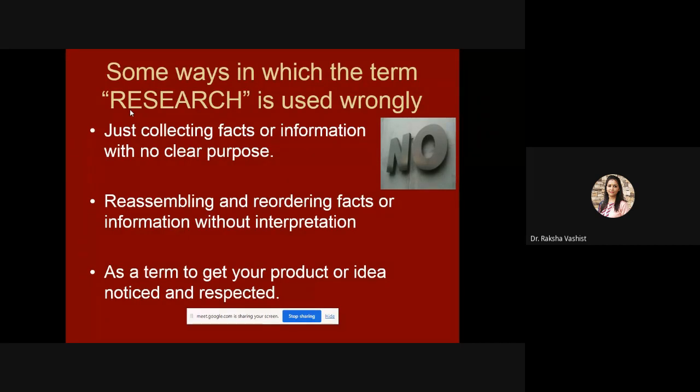That is only a process of collecting information. So when you search something on the internet without any specific objective, purpose, or mechanism, that is not research. Research has a clear purpose, a clear objective to achieve, a predetermined objective. So first select the objective, then go for research.